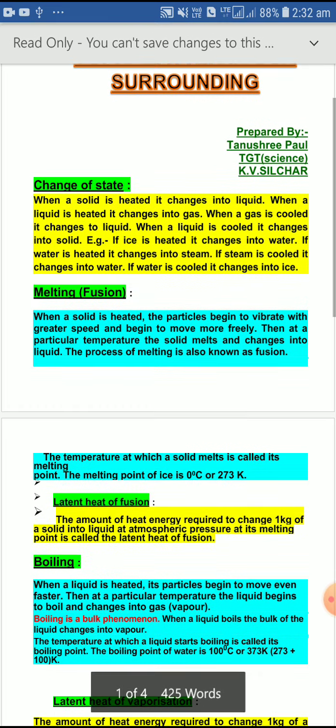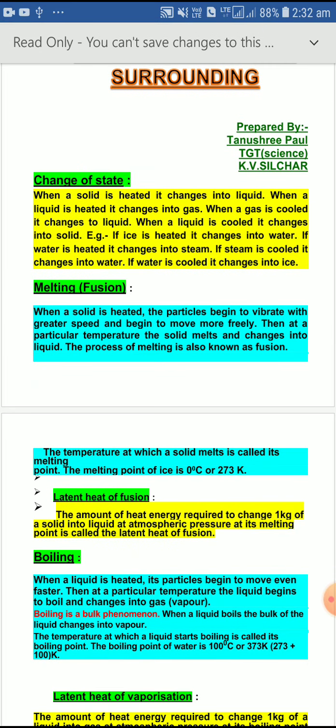Next comes boiling. In boiling, liquid converts into gas. When a liquid is heated, its particles begin to move. At a particular temperature, the liquid begins to boil and change into gas. What is the difference between evaporation and boiling? Boiling is a bulk phenomenon.